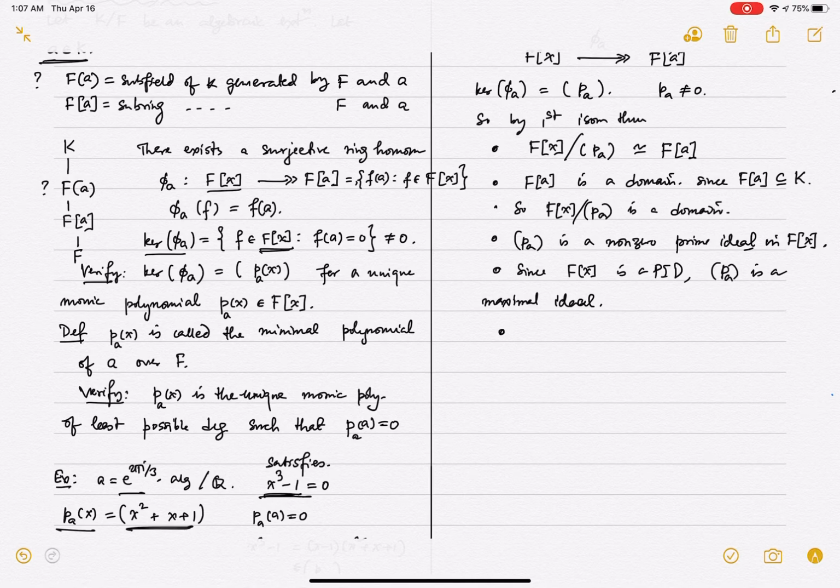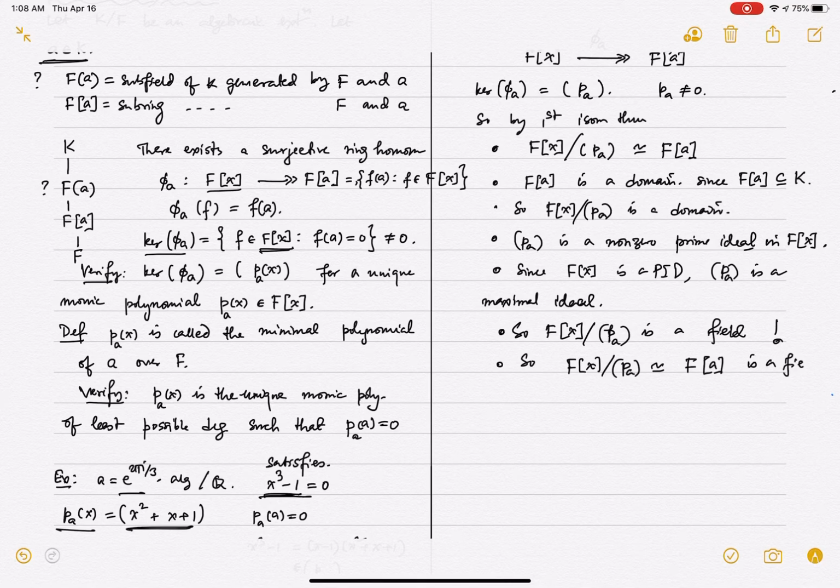But if it's a maximal ideal, then this quotient is actually a field. So this thing, which was only a ring to begin with, actually happens to be a field. So that means F[A] is already a field.